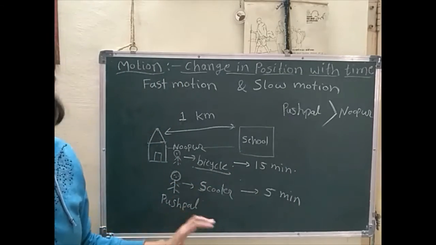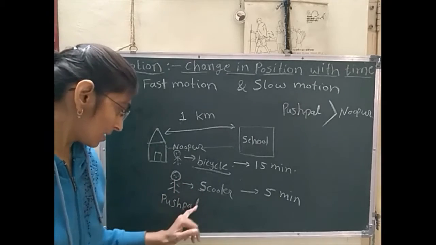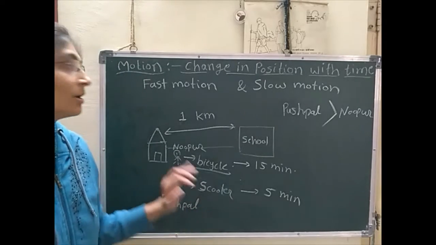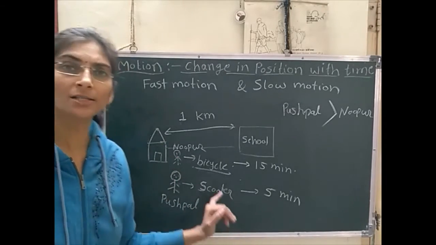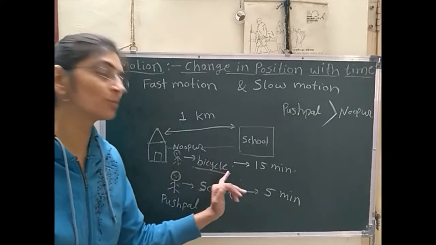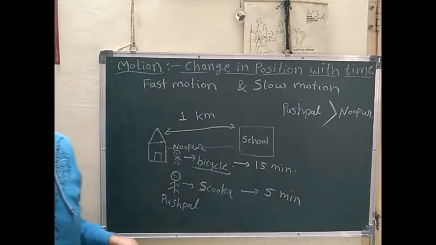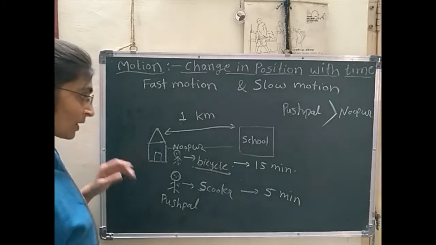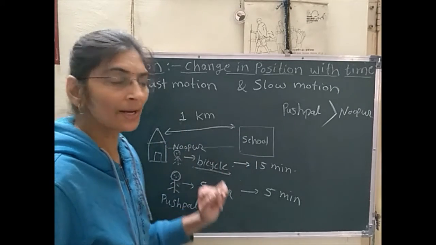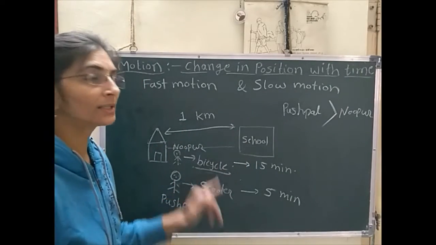So definitely we can say Pushpal's speed is more. Her motion is fast and Nupur's motion is slow. That is a very simple phenomenon. It is called speed, the distance along the time.